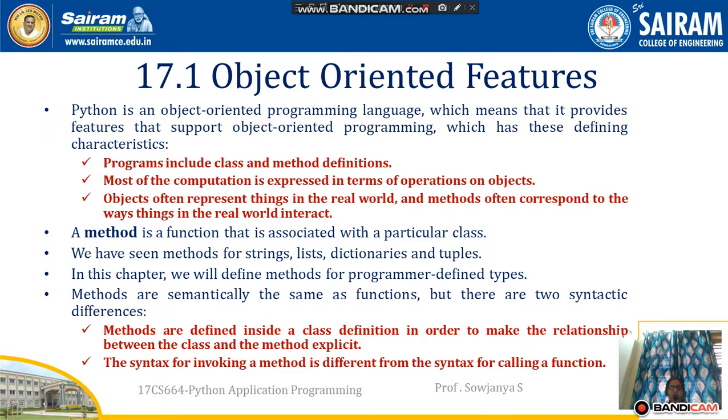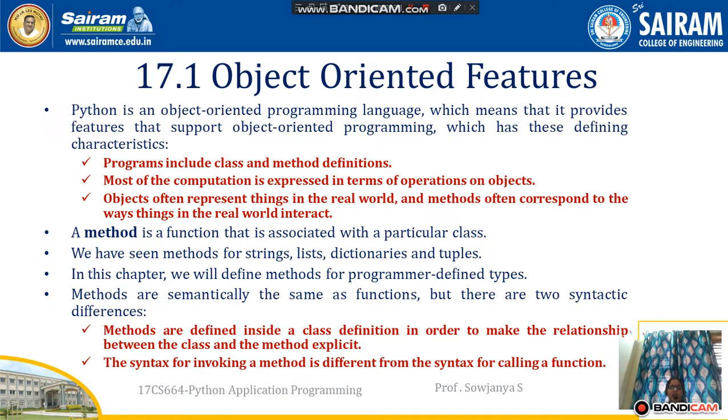That is why we say a method is a function that is associated with a particular class. So far we have seen the methods for strings, lists, dictionaries, and tuples. In this chapter we will define methods for programmer-defined types. Semantically these methods are the same as functions, but there are two syntactic differences.